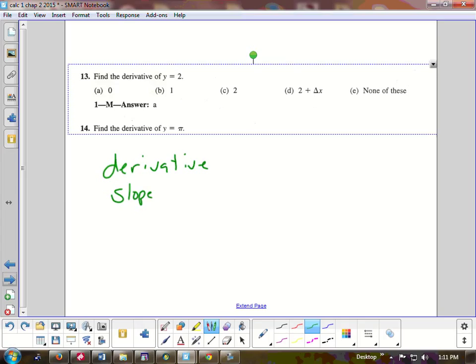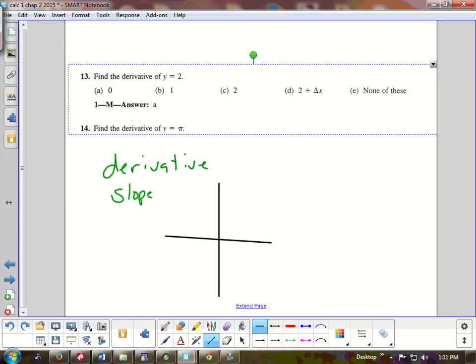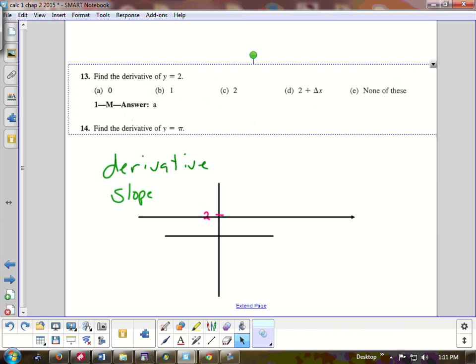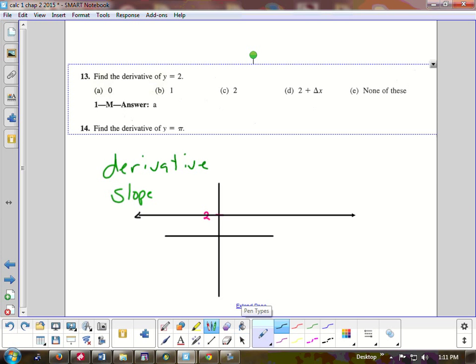If we think about what the graph of y equals 2 looks like, that's a horizontal line going through 2 on the y-axis. And I ask myself, what's the slope of that line? From basic knowledge of slope, m equals 0.